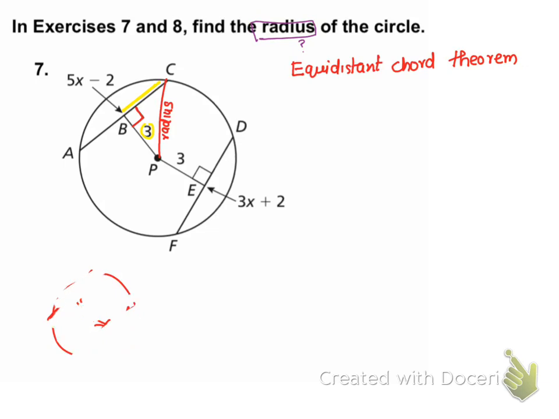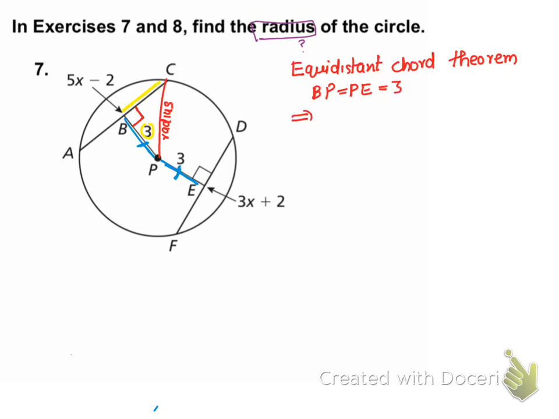So let's apply. When I look at the given values, I see that this 3 is the same as this 3, meaning this is congruent to this. It means our chords are also congruent, so that will help us. So I know here that BP is PE, that is 3.